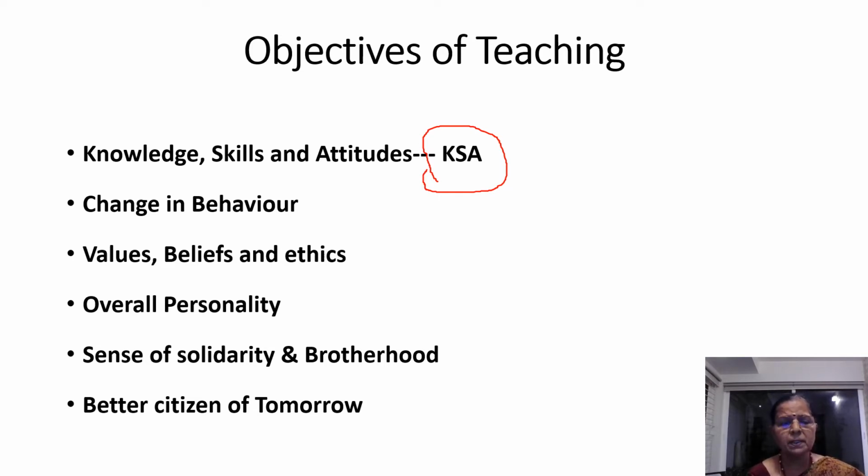So it should aim at the total personality of the learners. And also any teaching should develop a sense of solidarity and brotherhood among the learners. And it should aim to prepare better citizens of tomorrow. So these are all the broad objectives of teaching.